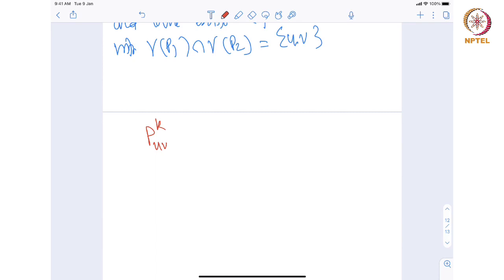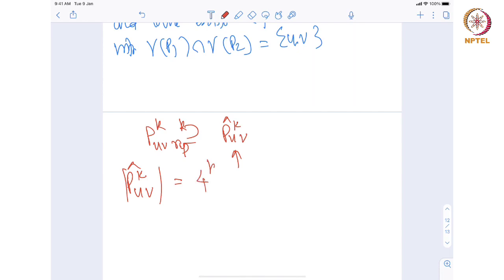And what did we compute? We computed P U V k hat, and we computed another k representative for this. Suppose we did this. Then the size of this is going to be how much?